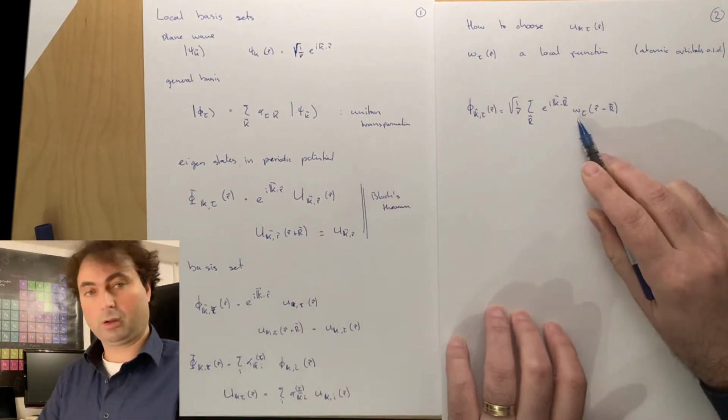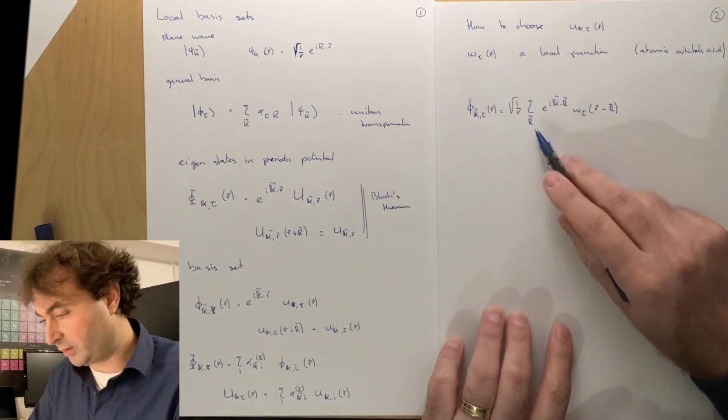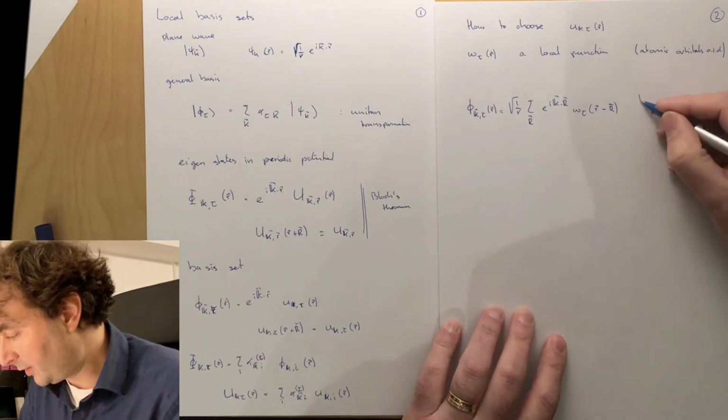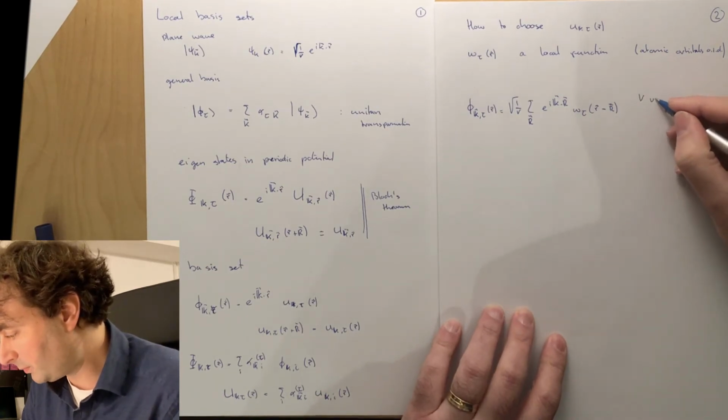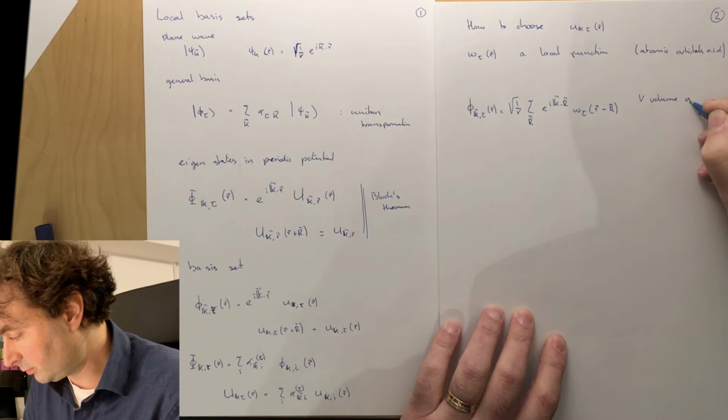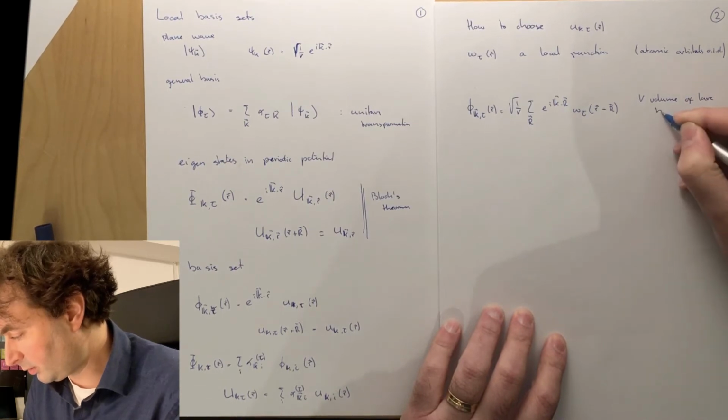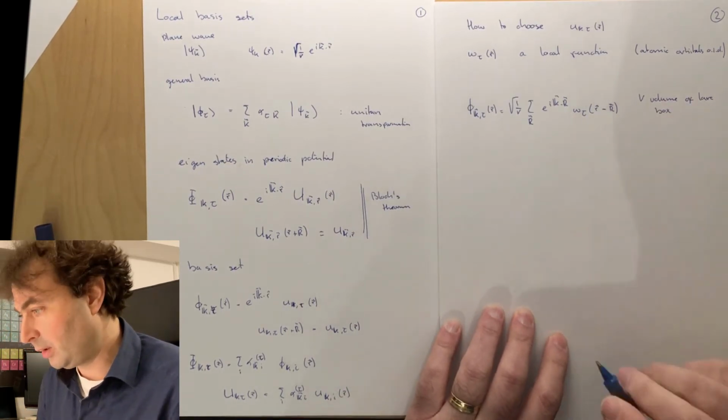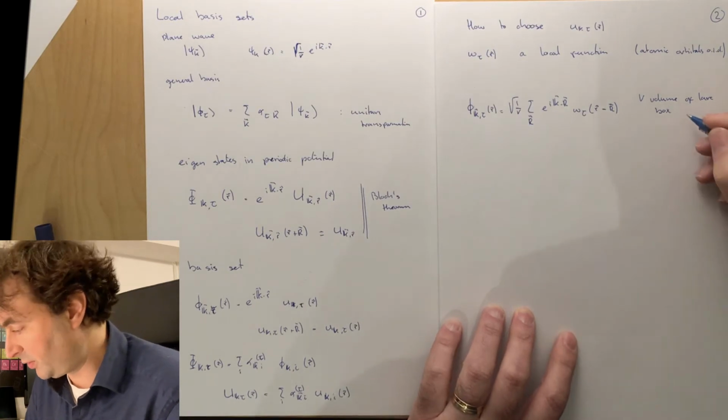So this is the local basis function centered around capital R. V is the volume of a large box. And we put that volume in units of cell volumes.